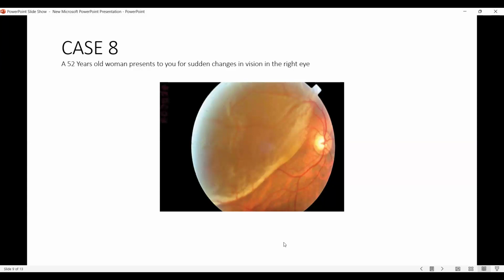However, if there are more positions of the break, which may be some posterior breaks, some anterior, which are not amenable to the encirclage or buckle, we'll go for a vitrectomy.